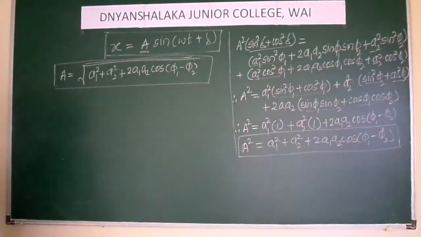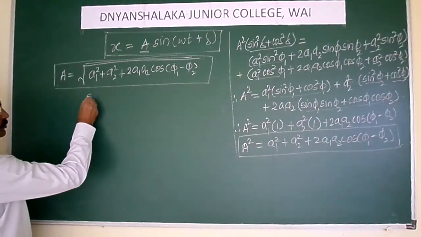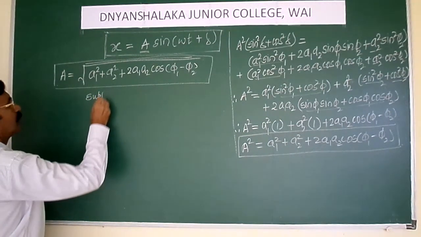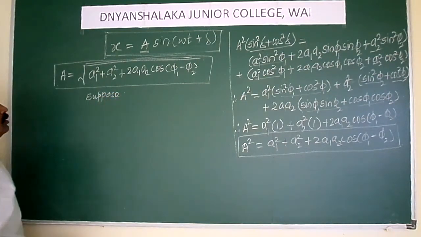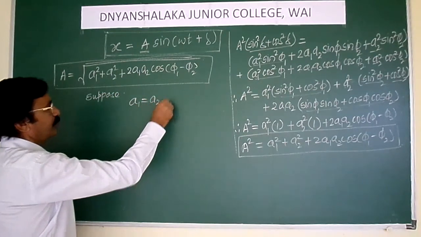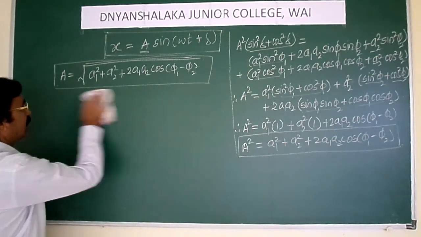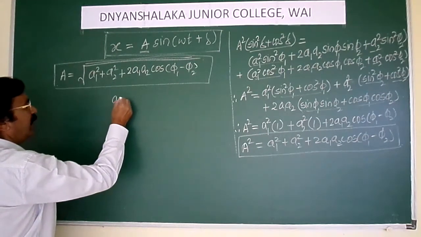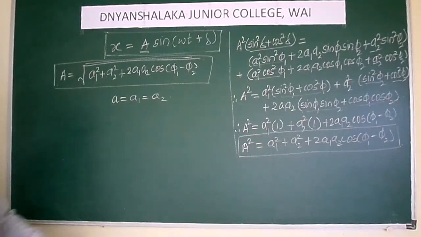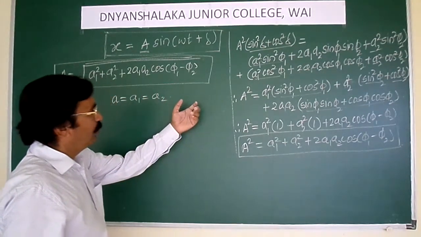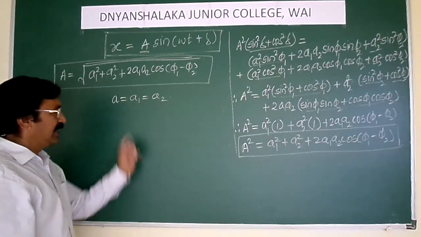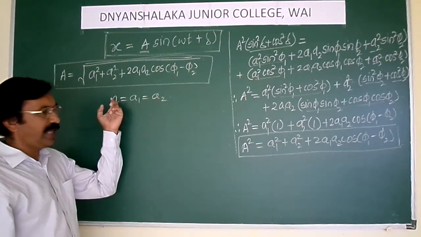Now in this case, suppose A1 is equal to A2. So let us take this as small a, equal to A1 equal to A2. Both the displacements have the same amplitudes.